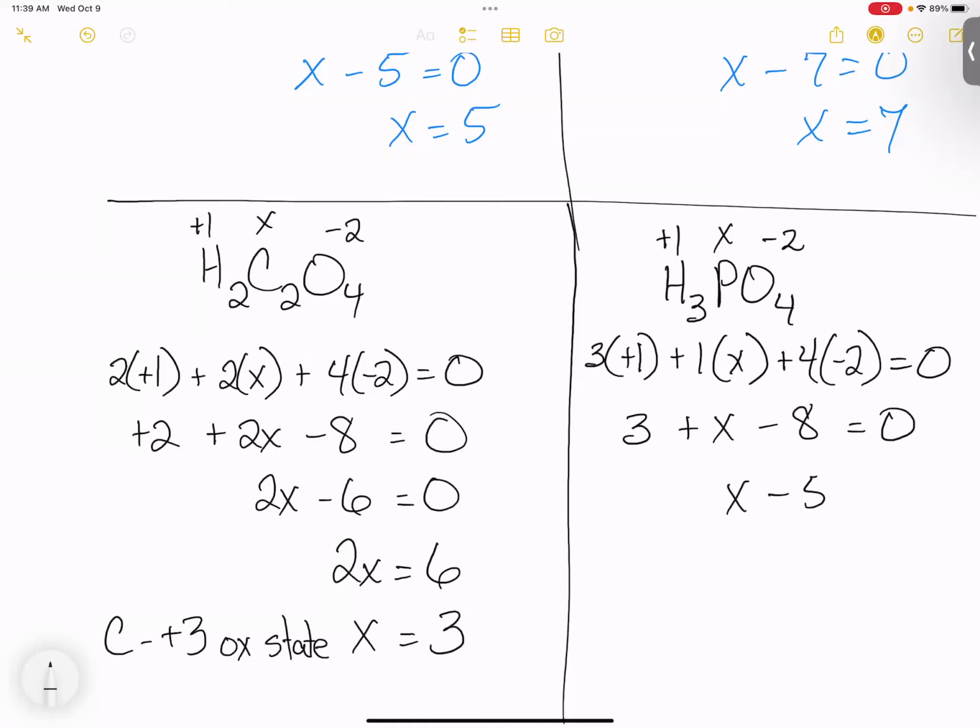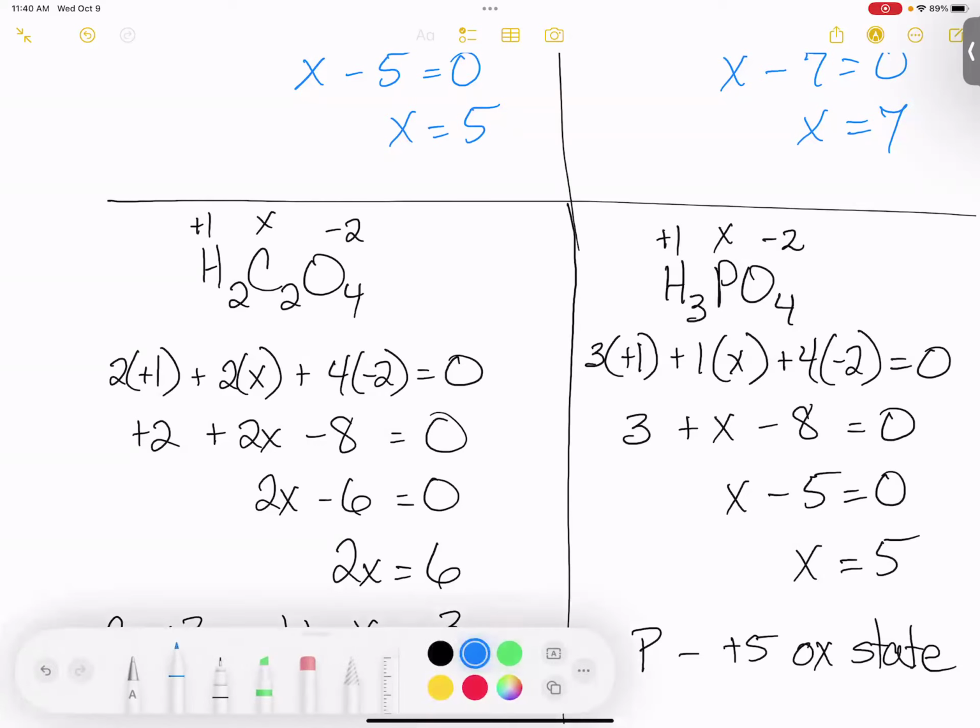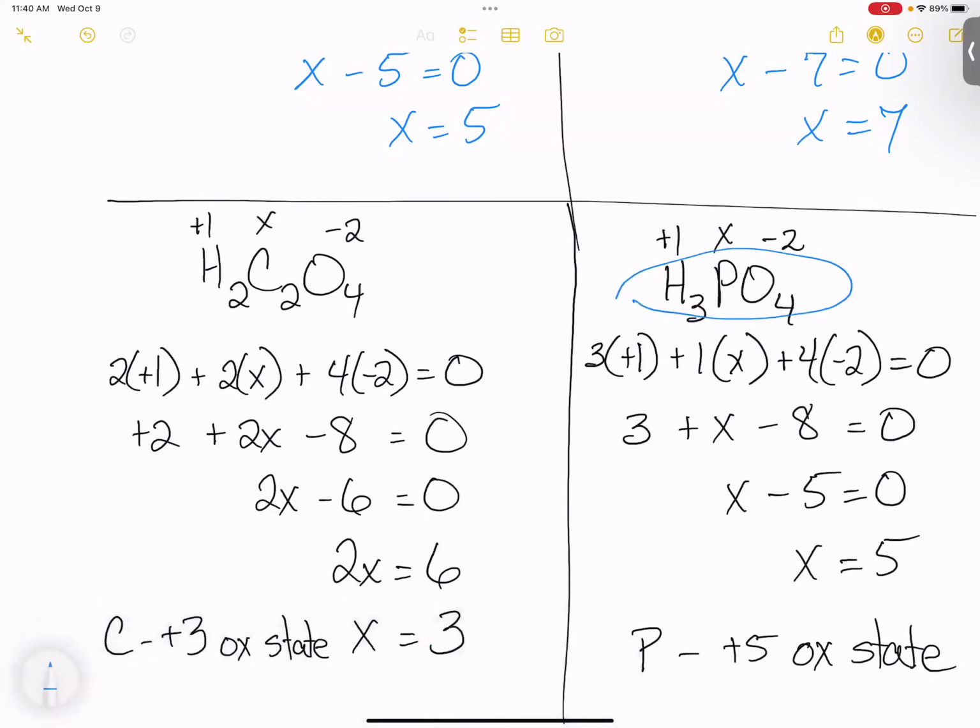X minus 5 equals 0. X is equal to 5. So our phosphorus has a +5 oxidation state. Because the oxidation state of phosphorus is larger, that means phosphoric acid is a stronger acid than oxalic acid.